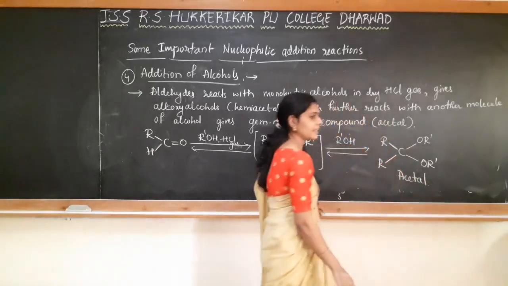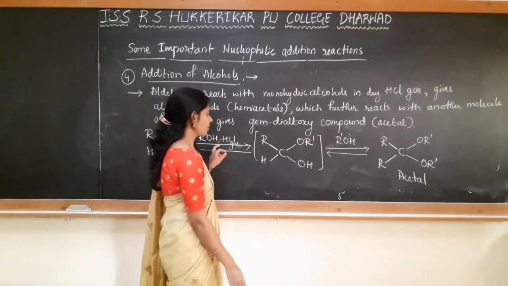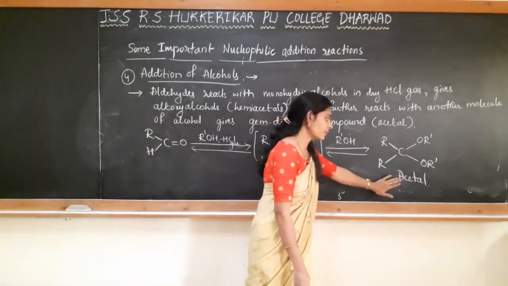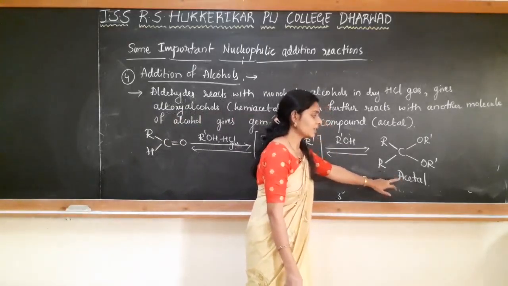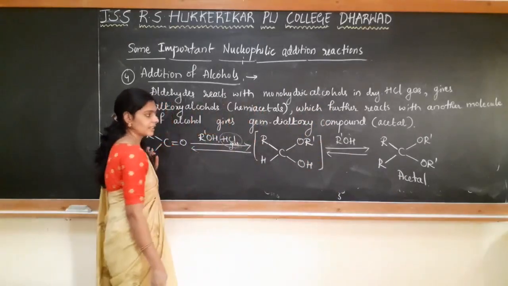So when an aldehyde is treated with a monohydric alcohol, it forms a hemiacetal, which on further reaction with alcohol forms a dialkoxy derivative called an acetal. The reaction takes place in the presence of dry HCl gas.